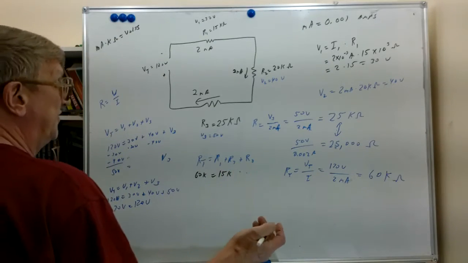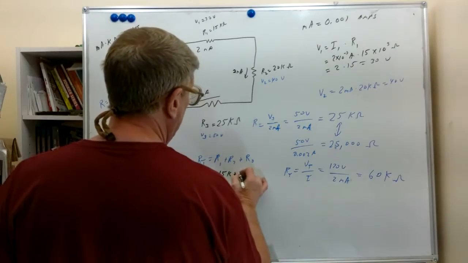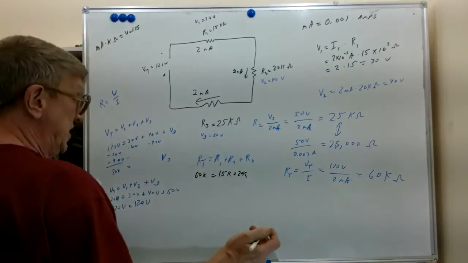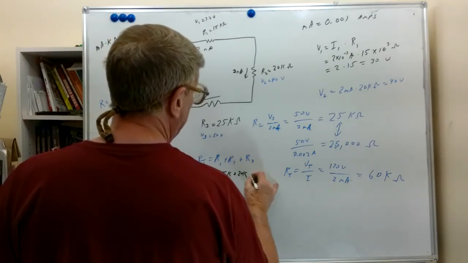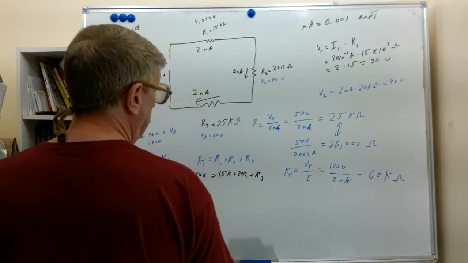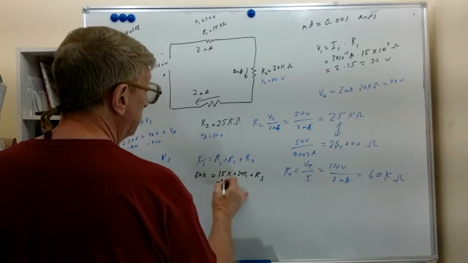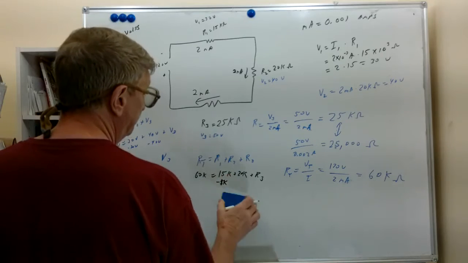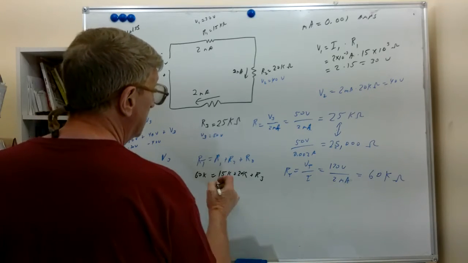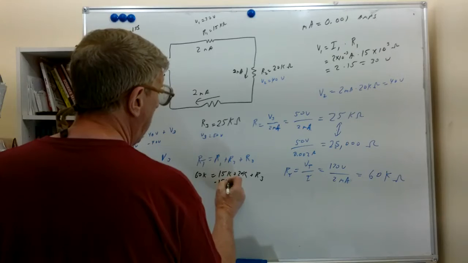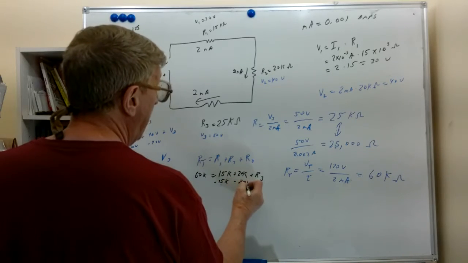R2 was given to us as 20K. R3, we didn't know, so we'll just leave that as a variable, R3. Now we'll subtract that 15K from both sides. Minus 15K, minus 20K.